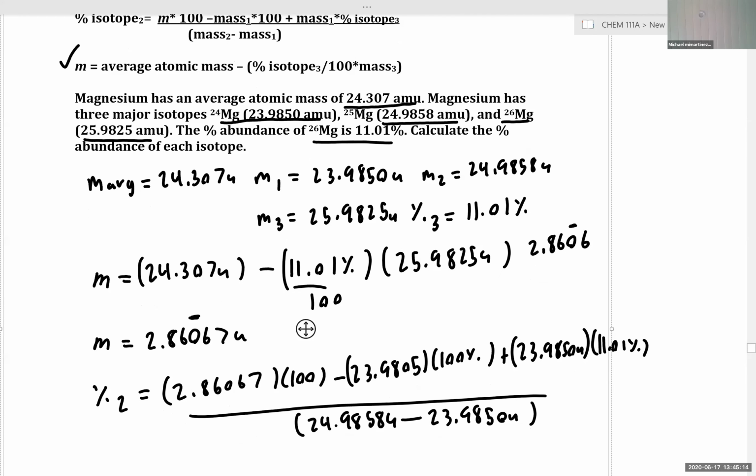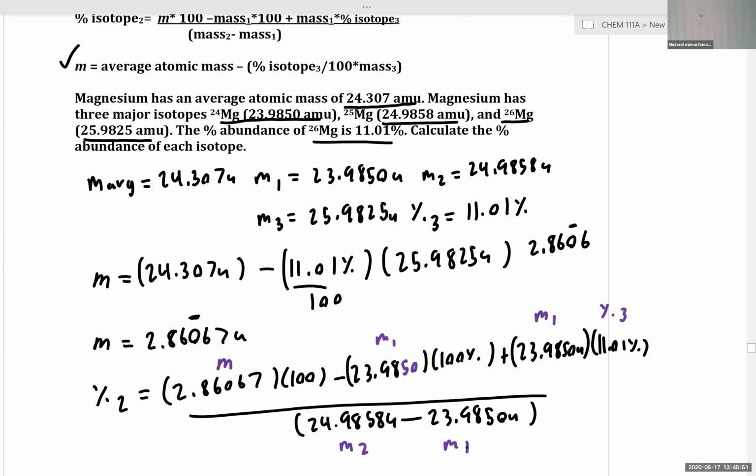So let's just put our labels on each of these numbers that we have obtained so far, so we can recognize what's going on. We have our adjusted mass, the mass of isotope 1, the percentage of isotope 3, the mass of isotope 2, and the mass of isotope 1.